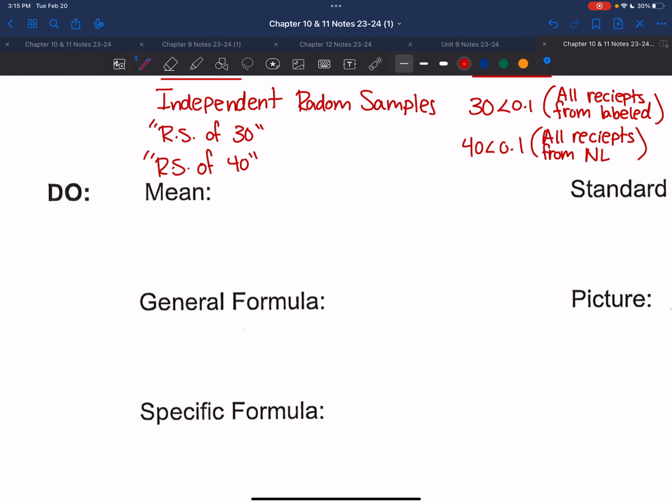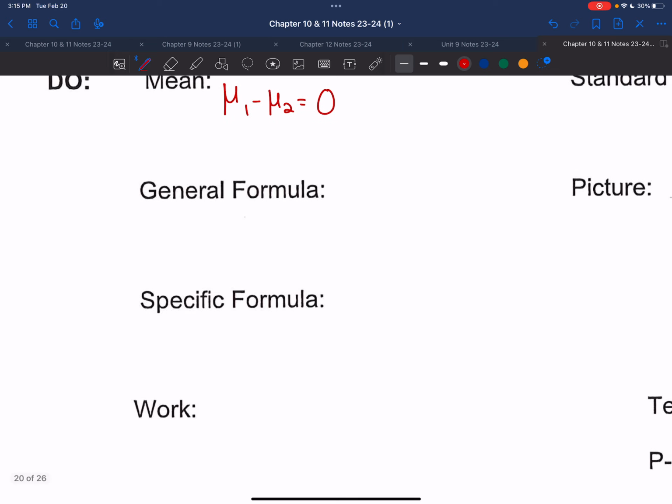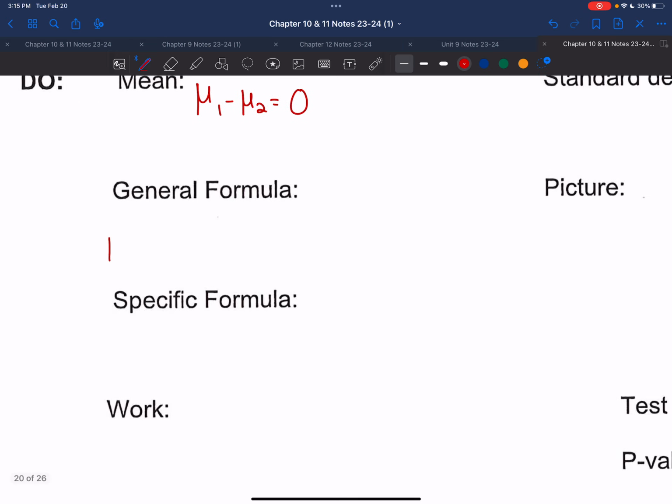So our mean, okay, we're assuming that mu sub 1 minus mu sub 2, there is no difference between the two. Now, the general formula, since I'm doing a difference of means, is going to be x bar 1 minus x bar 2, that's our statistic, minus mu sub 1 minus mu sub 2, that's our parameter, divided by our standard deviation.